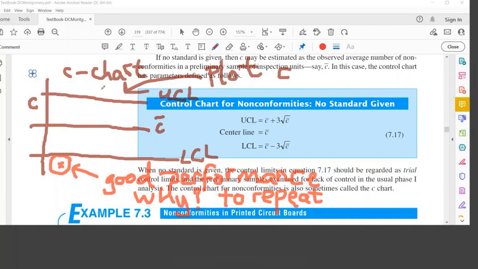But if we have a point somewhere here, above the control limit, we want to see why it is too high, why it is bad performance. So you remove the root cause of this poor performance, because the C value is above the control limit.